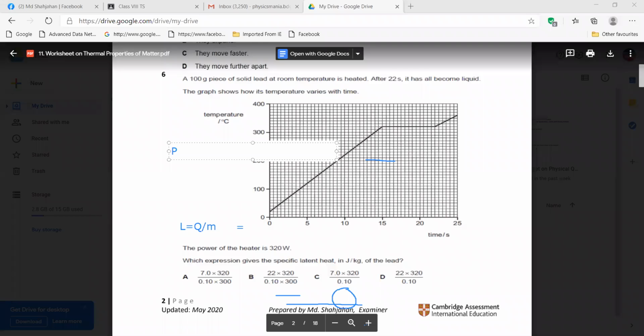So we have power equals work done by time, so we can write P equals Q by T. Now you can write Q equals P into T. So L equals P multiplied by T divided by M. Your P is 320 and T is 22 seconds, right? So which option is coming here for specific latent heat?